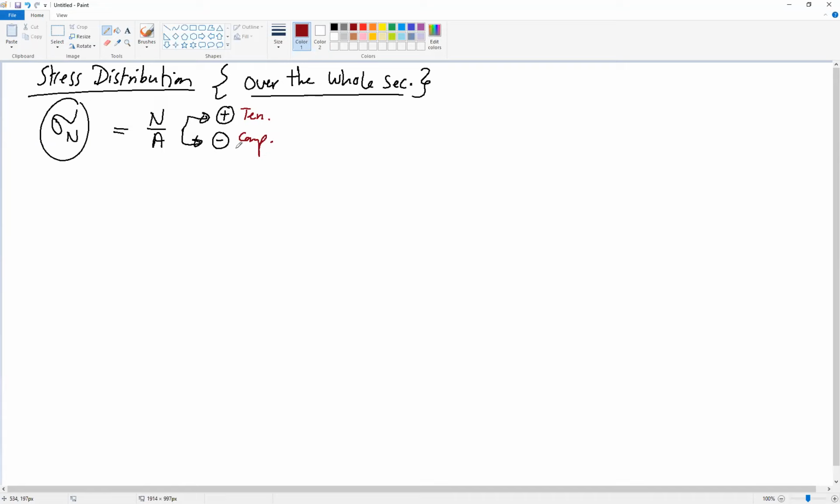So if we have a section and the force is tension force, the stress sigma N will be N by A. Okay, and if we want to draw a stress distribution, we will have guidelines and we will have a datum.